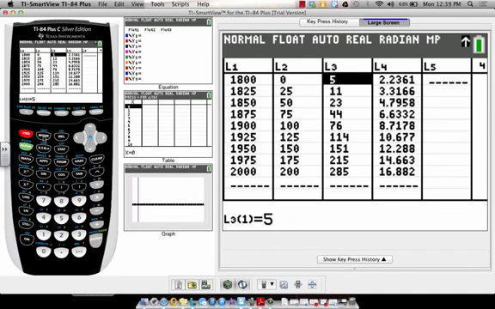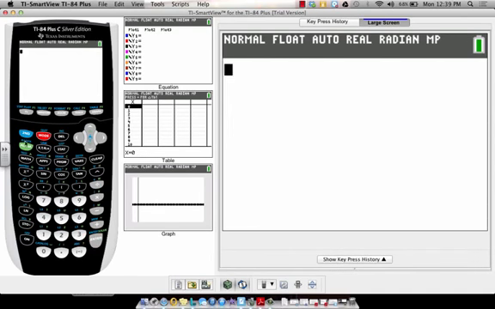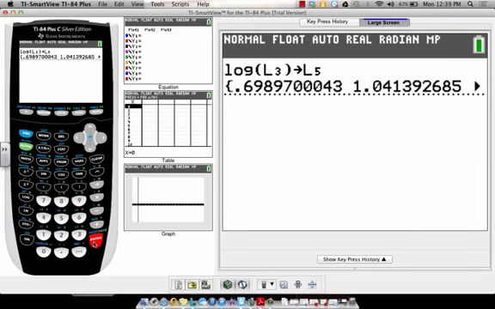Now I'm going to do second, quit, get out of all that stuff. First off, I need to take the log of list 3. Close my parentheses, and we're going to store that into list 5. And again, just hit enter and it'll put everything where it needs to be.